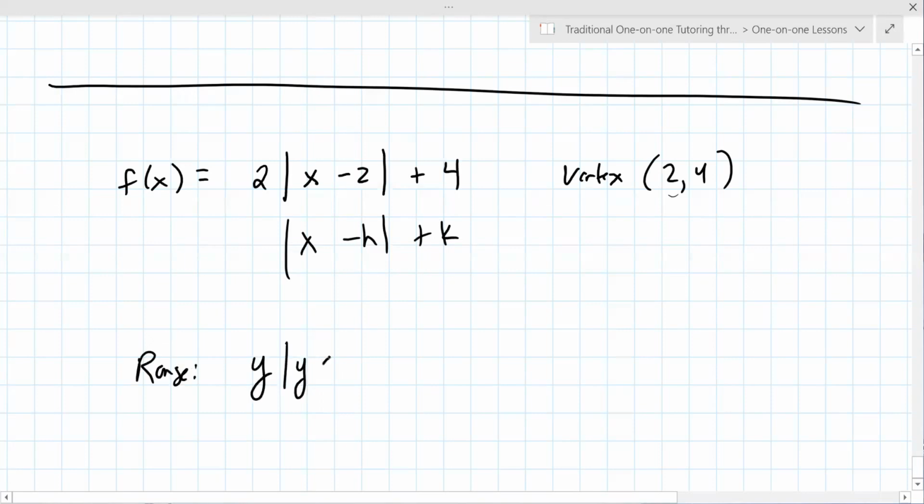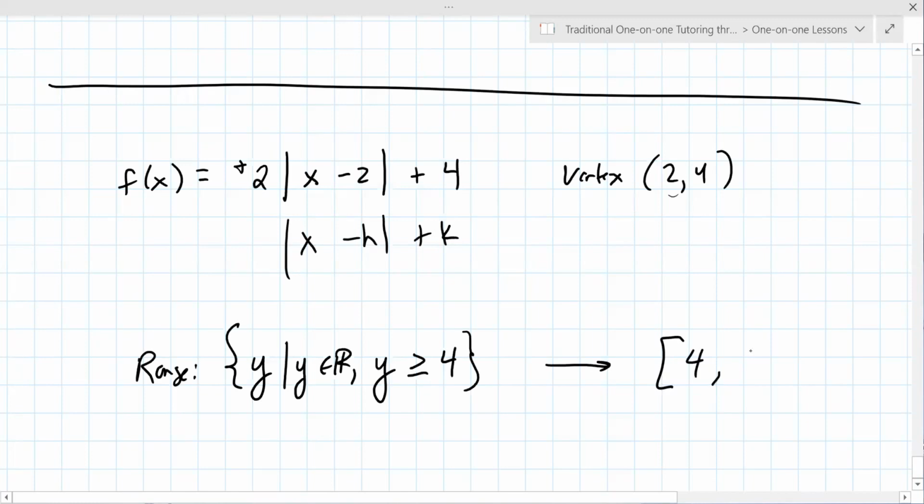y such that y is an element of the real numbers, y is greater than or equal to 4. Right, because these have all opened up. And that corresponds to a bracket, because of that greater than or equal to symbol: 4 to infinity. Infinity always goes with parentheses.